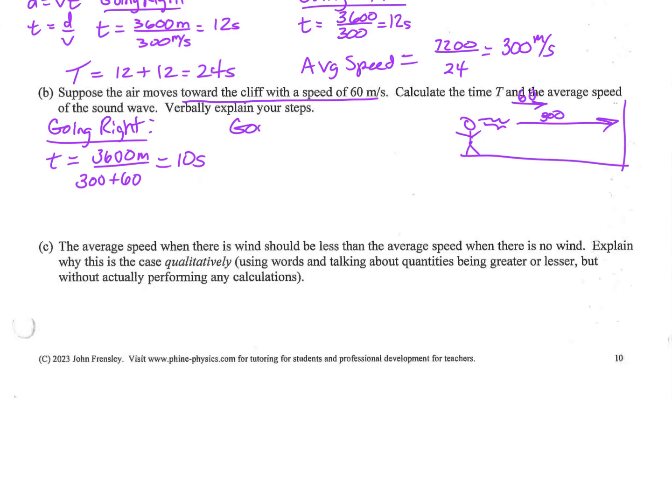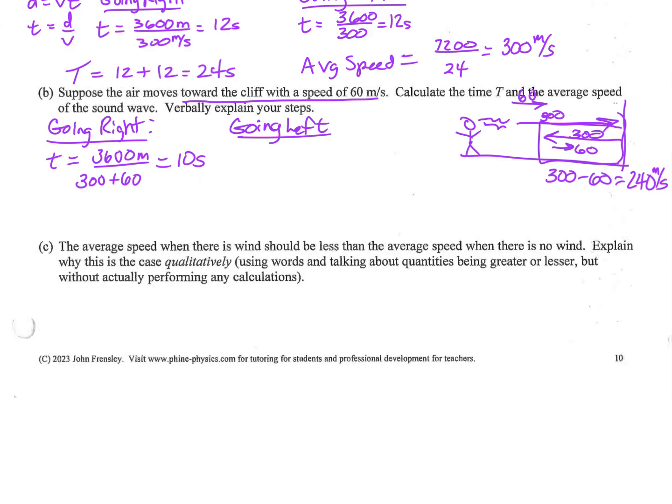However, going left, I want you to think about this. You've been on a plane before, probably. Now, we've got the sound bouncing back this way, going 300, but the wind is moving this way, 60. So now we've got 300 minus 60, which means it's really only traveling 240 meters per second on the way back, isn't it?